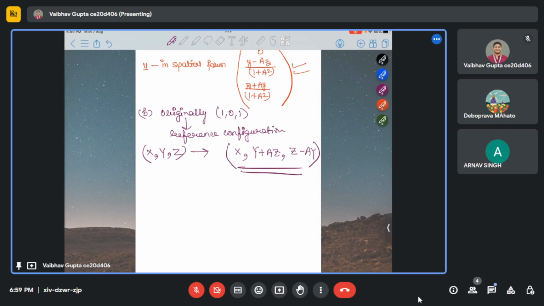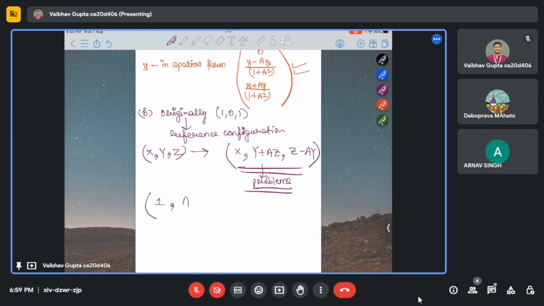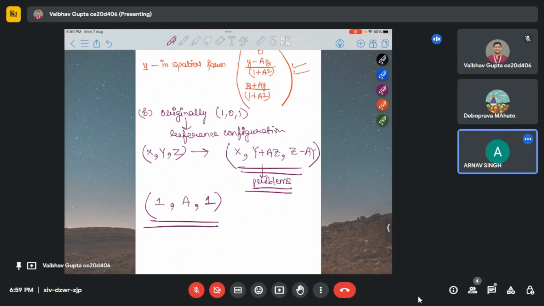This is what is given in our problem. So what is the location of our particle at 1, 0, 1? Just put the value: 1, A, 1. This is the answer.